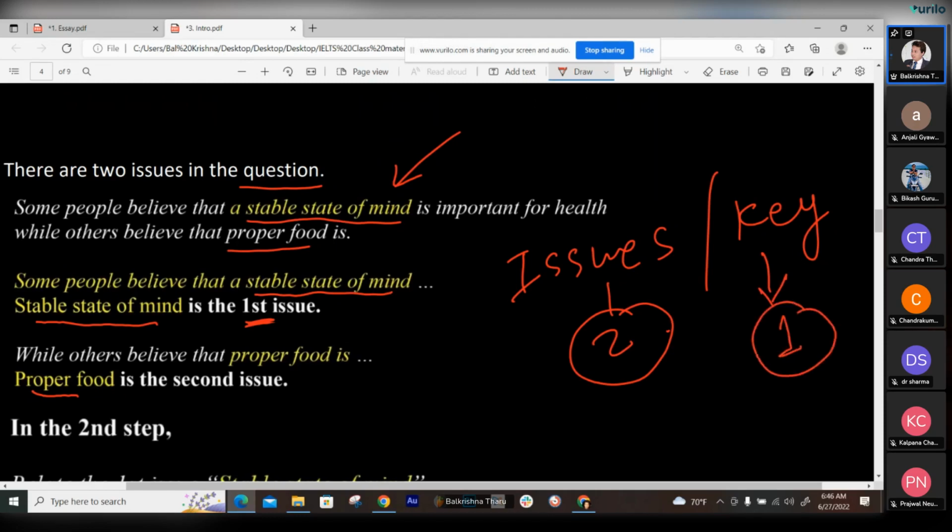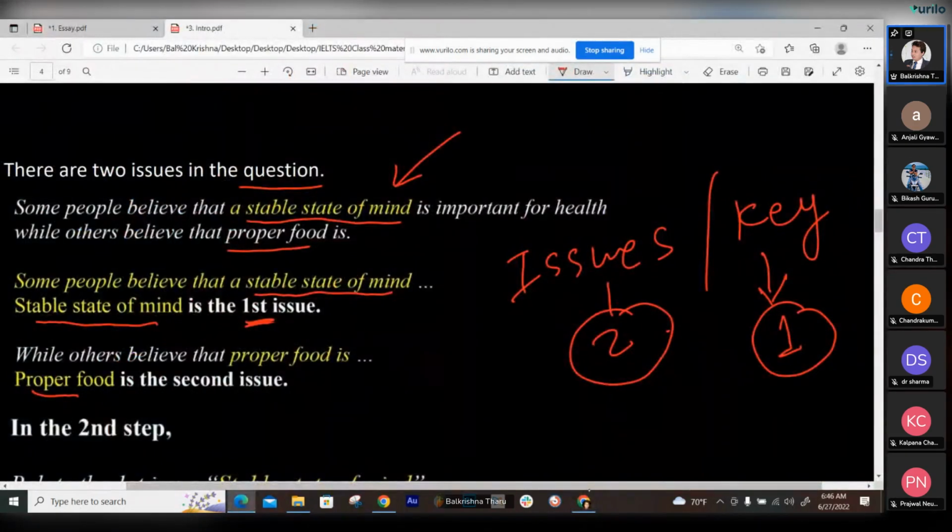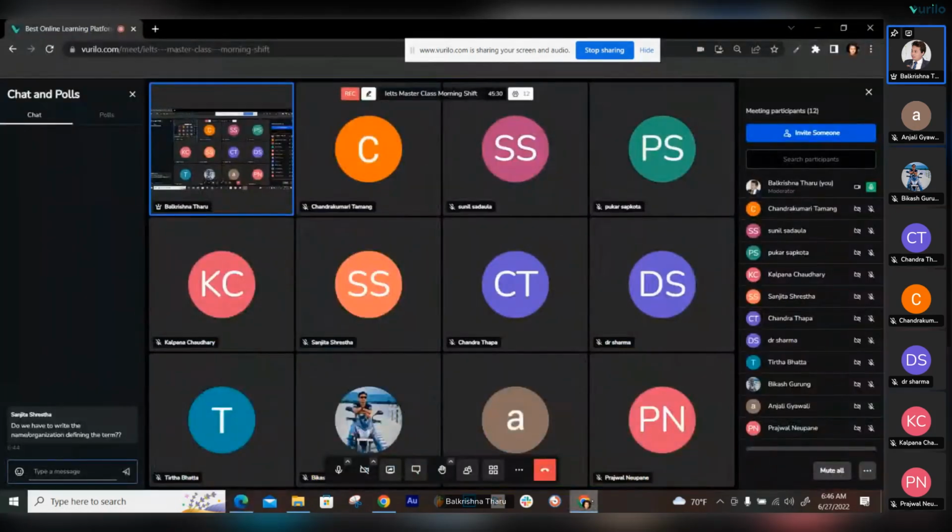The key can only be one. But the issues are always more than one. It can be three sometimes. It can be four sometimes. But usually we need two.